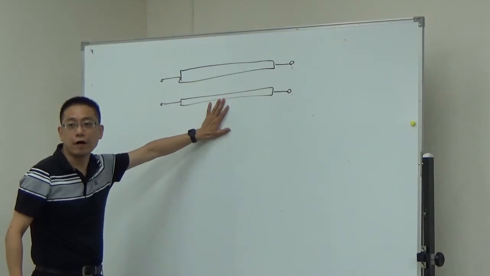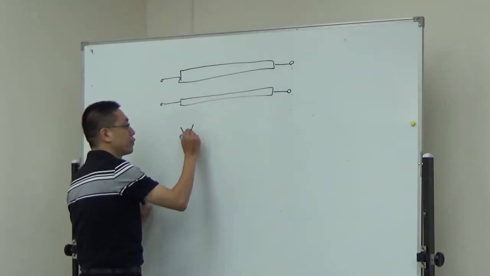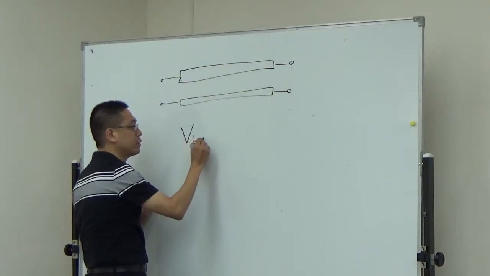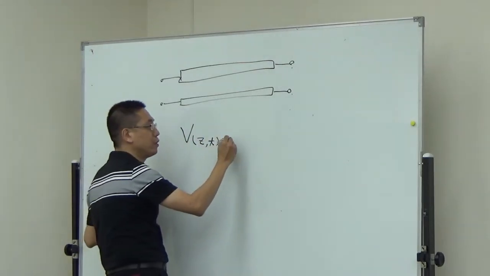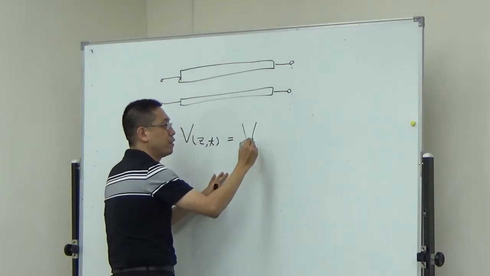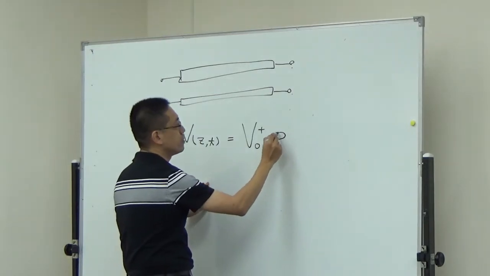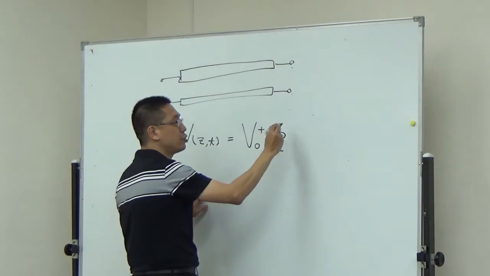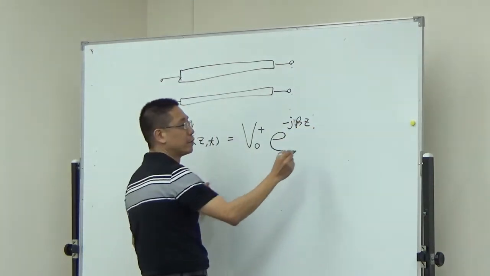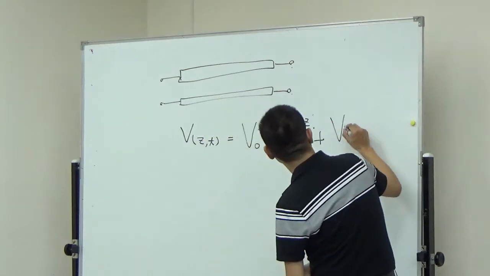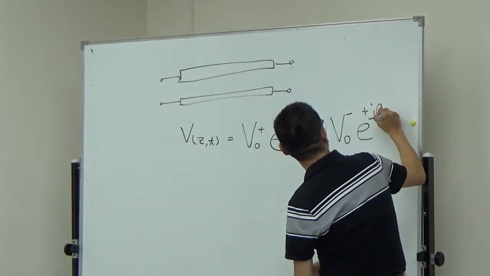If we have a high frequency transmission line, we know the voltage on this transmission line at some position at some time will equal V0 plus this amplitude times, if this is a lossless transmission line, exponential minus j beta z, plus V0 minus exponential j beta z.